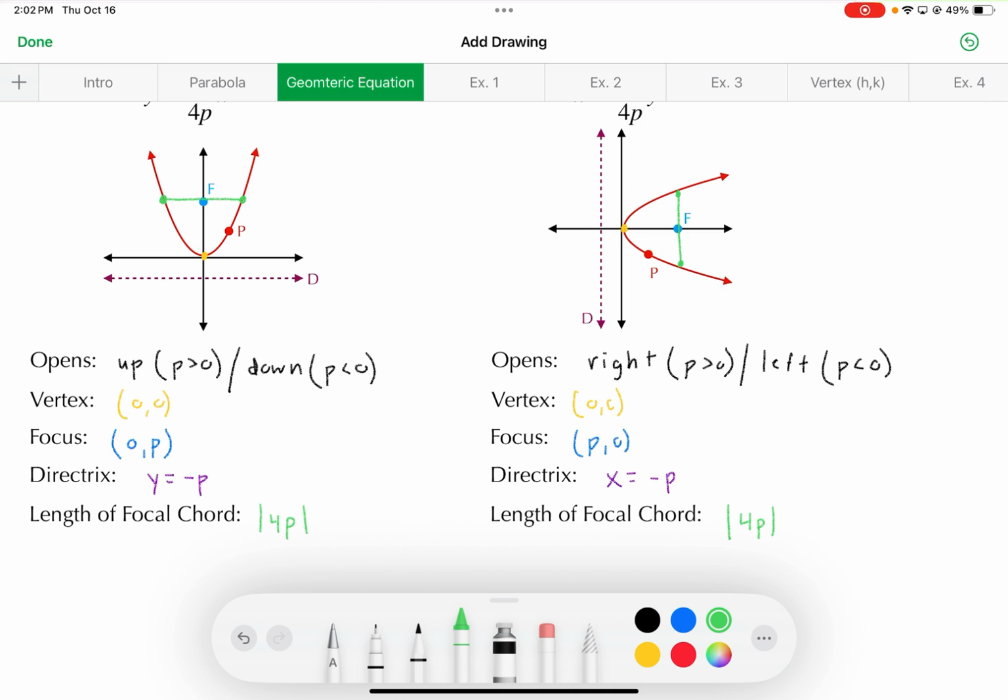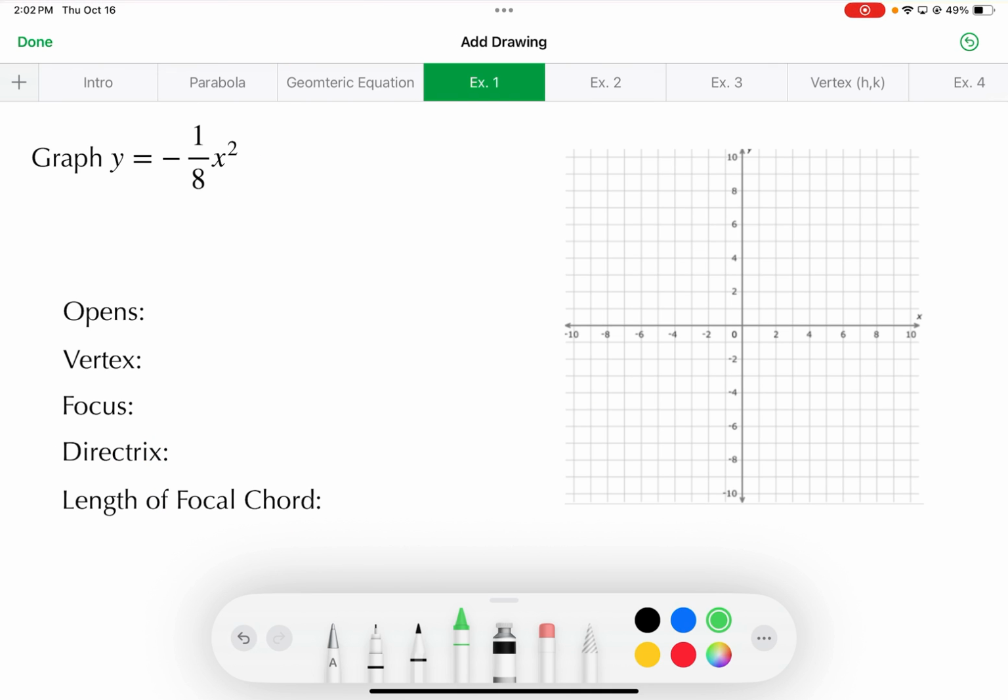All right, so let's look at some examples. y equals negative 1/8 x squared. Just by looking at that, you should be able to tell me which direction it opens. What do you think? Opens down. Why? It has a negative coefficient.